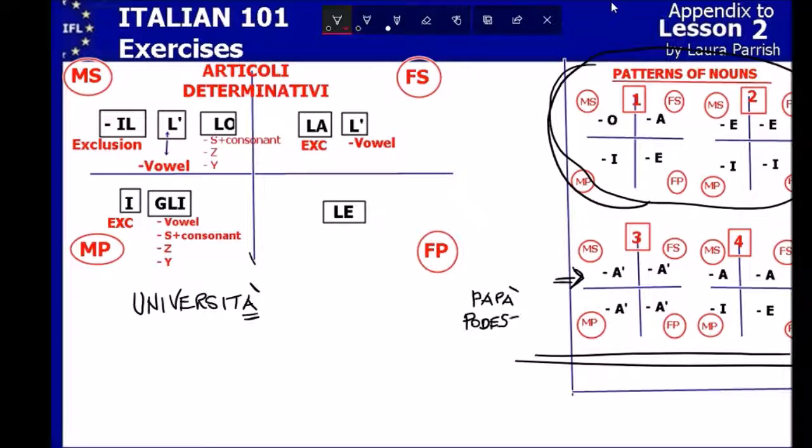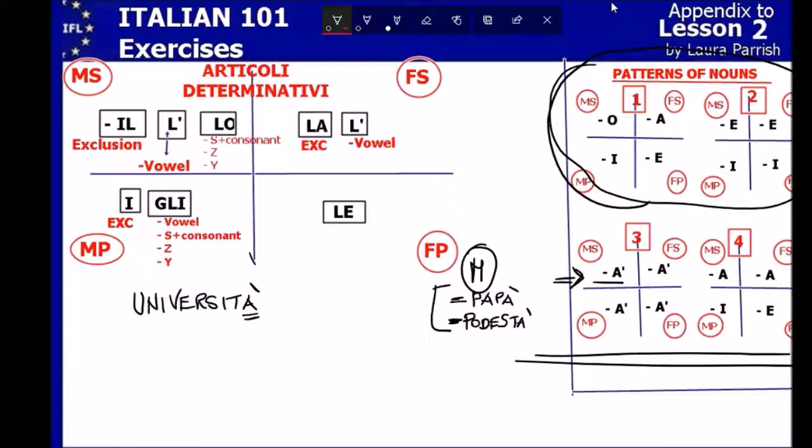Podestà was the king of Venice during the Renaissance. He was the king of the city of Venice in the Renaissance, and papà means daddy. Only those two are masculine. All the other words ending in an accented a are feminine.